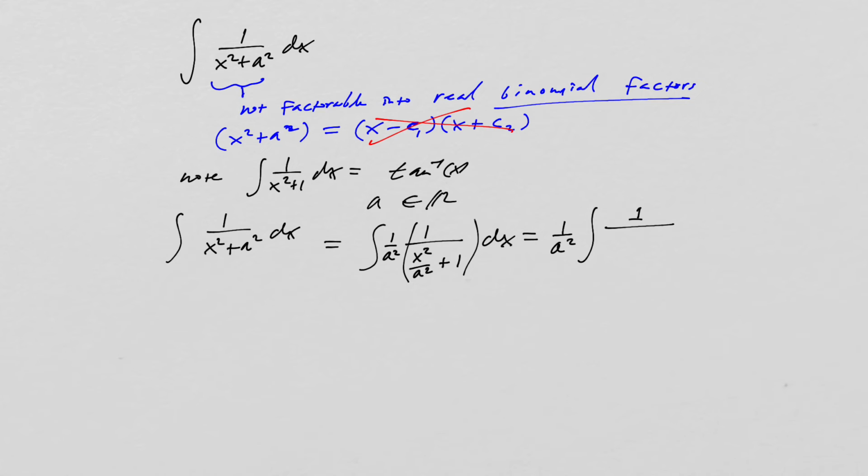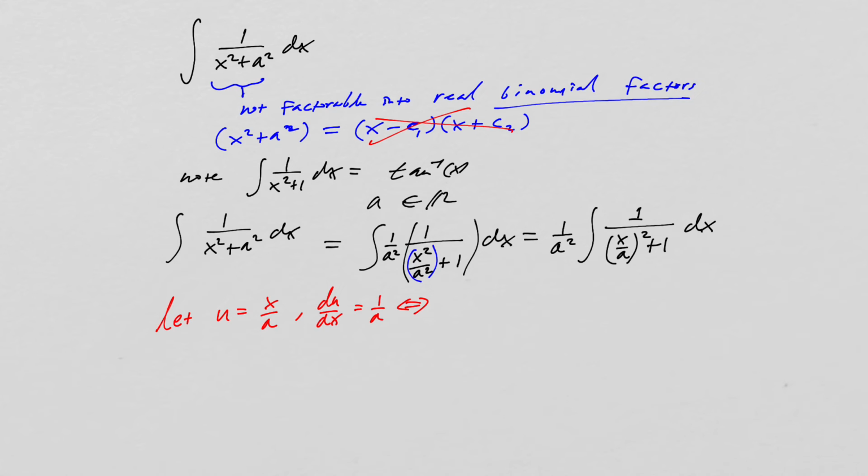And now, if I look at this term, I can of course put the a inside the square like this. And then, of course, I can let u equal x over a. du dx is going to be 1 over a.